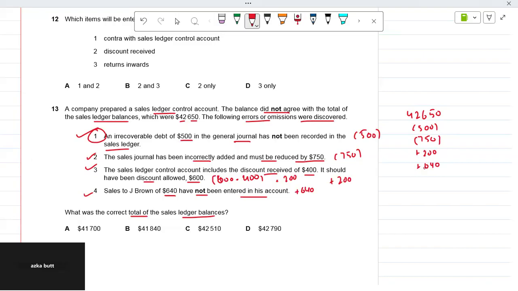So 42,650 minus 500 minus 750 plus 200 plus 640. This is basically equal to 42,790. Okay. So D option seems to be right.